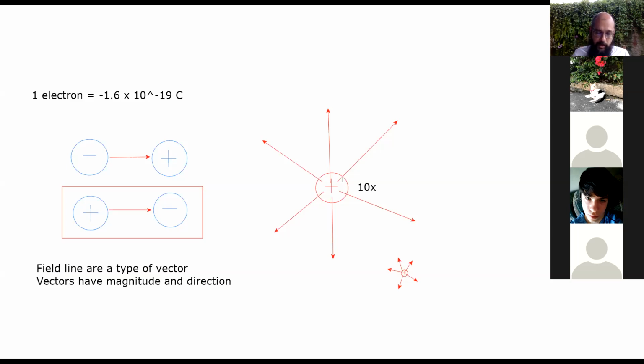Let's see how we can work out how to measure one of these fields. It's actually really difficult to measure these fields directly. I mean, you could do it. There is a formula called Coulomb's law, which was in the last chapter.